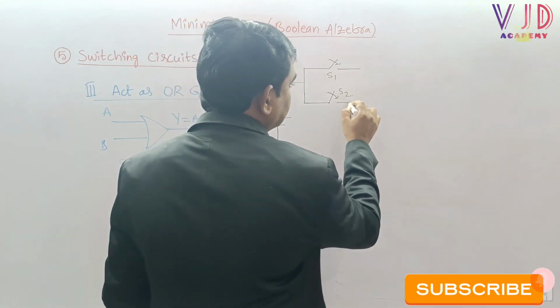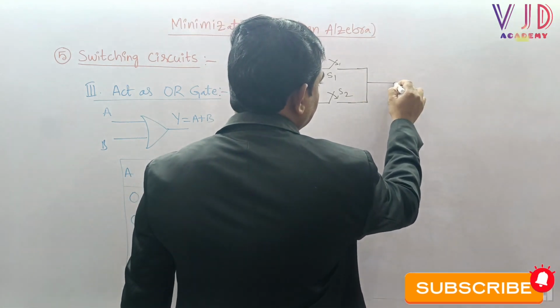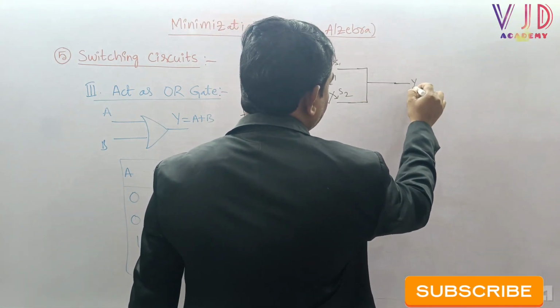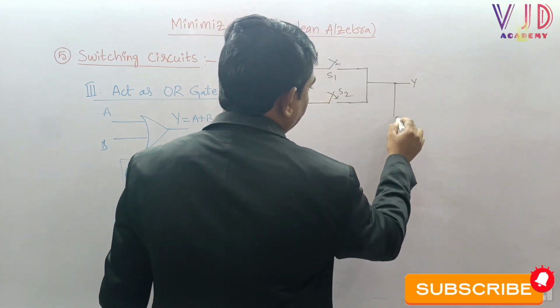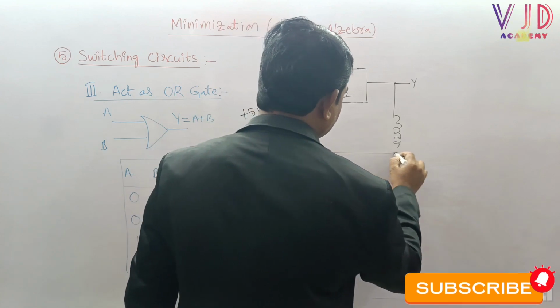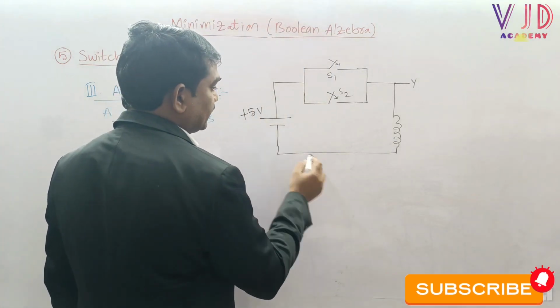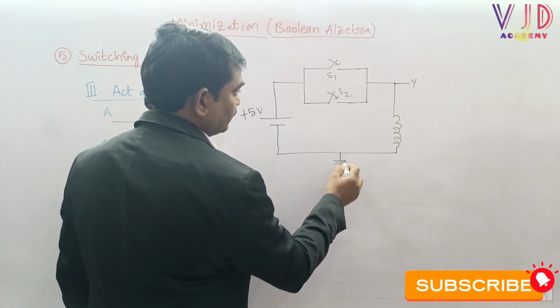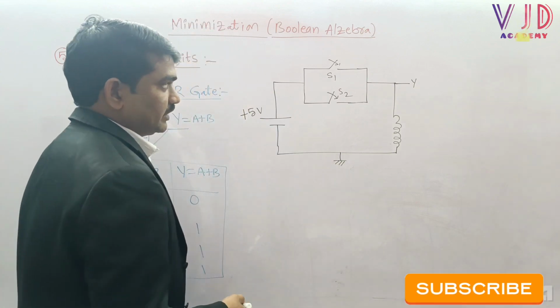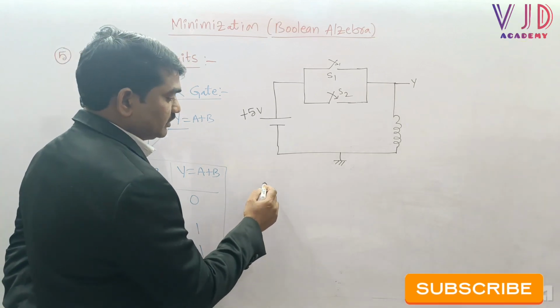These are the two switches I would like to connect parallel to each other, and then here I would like to take output Y. From here I want to connect one bulb, and to the second end of the bulb, the negative of the power supply, I would like to connect to ground. Sir, this is the switch circuit of the OR gate. Now let us try to understand. Let me draw a truth table here.